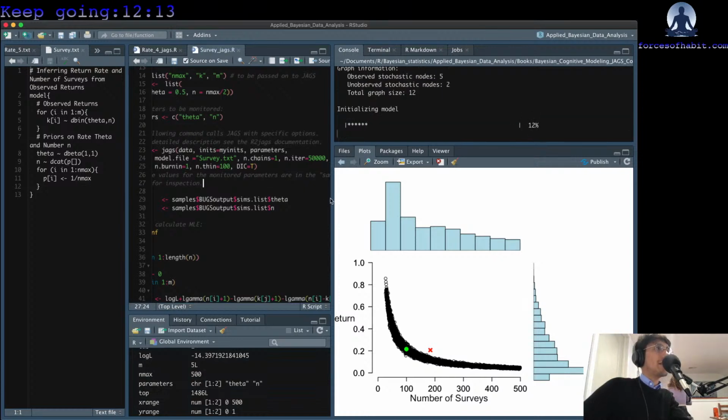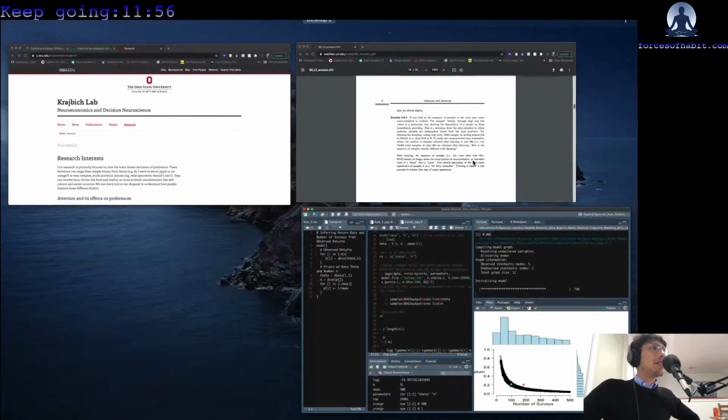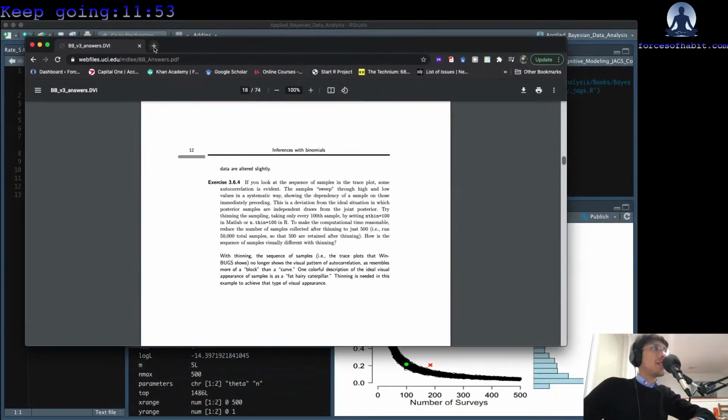Oh boy, this might take a while. You know, and maybe I can find some code to show me the trace plot. I don't know if I would do that.